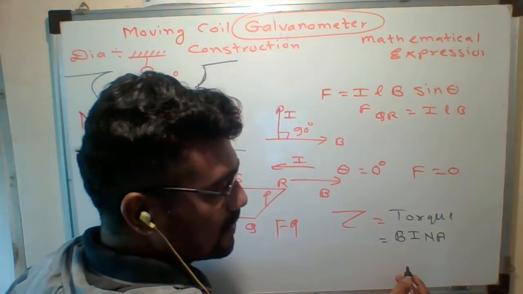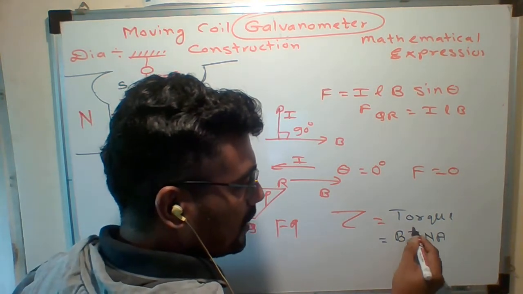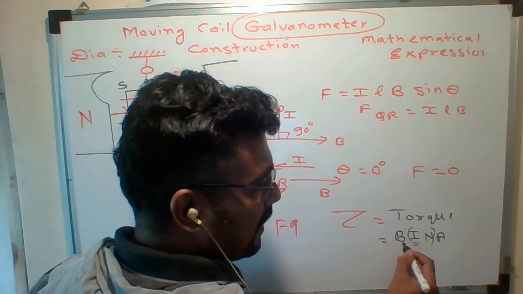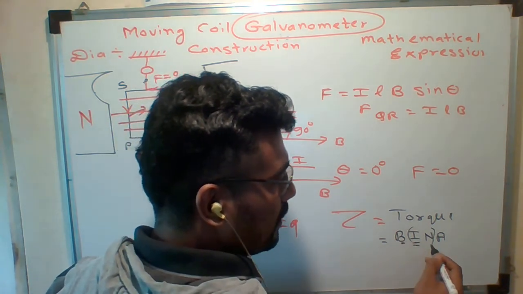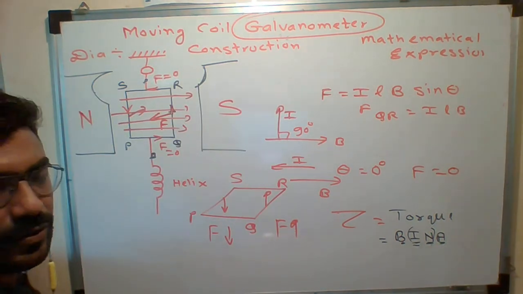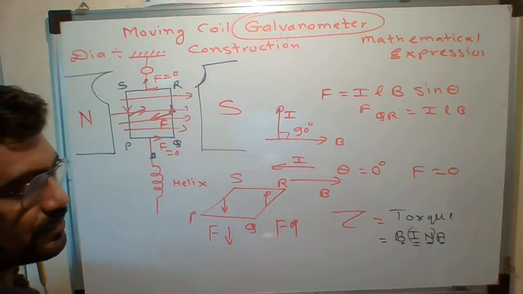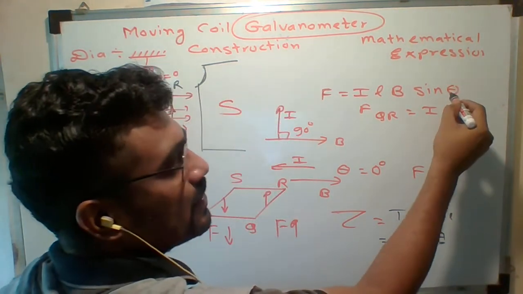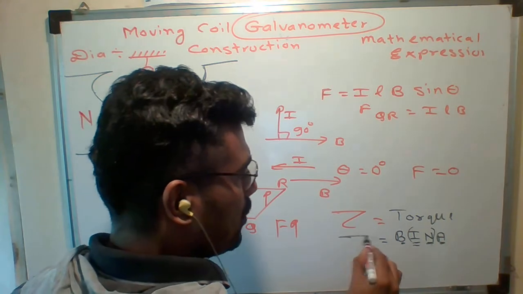Number of turns. I is the current, as I told you. B is the magnetic induction, multiplied by current and number of turns, and A is the area. So you have to remember the formula. Tau equals B I N A sin theta. What is theta here? Theta is 90, so the formula we got is tau equals B I N A.